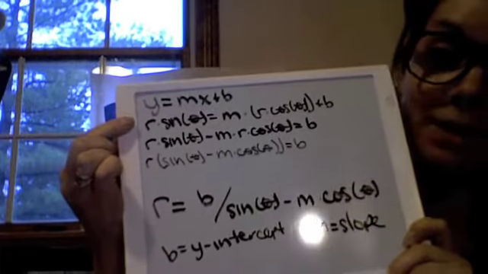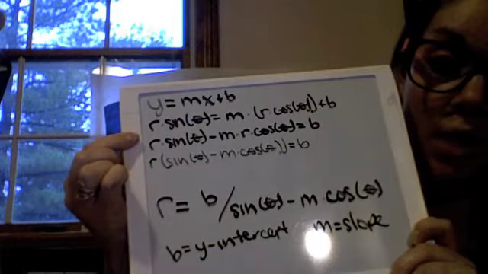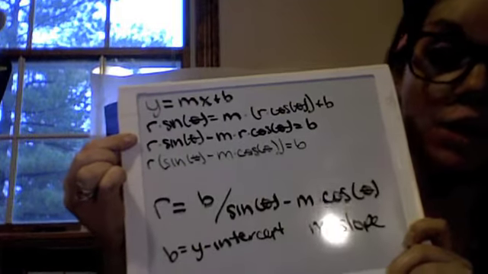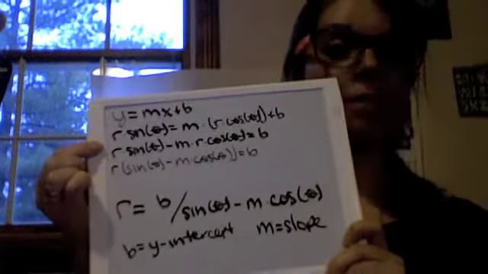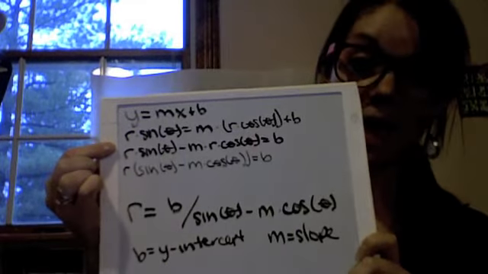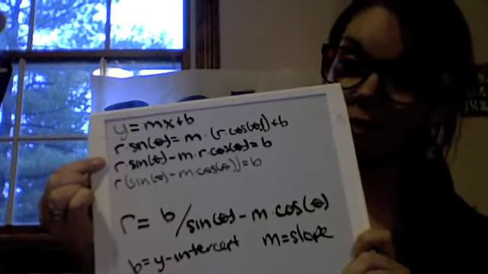The last line that we're going to learn how to graph is the oblique line, which is the hardest of all the lines to graph in polar. But it's still not that hard. So, let's derive! We know that y equals mx plus b, and we know that y is r sine theta and x is r cosine theta. Therefore, r sine theta equals m times r cosine theta plus b.